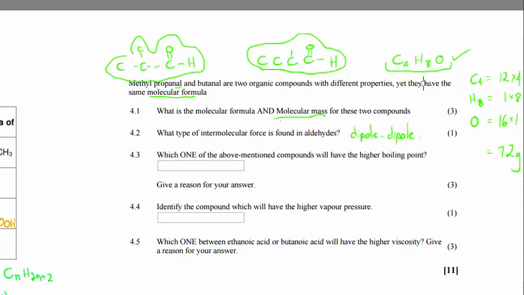Why is it taking more energy? Yes, it's got a higher boiling point, which means we need more energy to overcome the intermolecular forces, but why? Because the intermolecular forces are stronger in butanol. But that's the question: why are the intermolecular forces stronger in butanol than in methyl propanol?